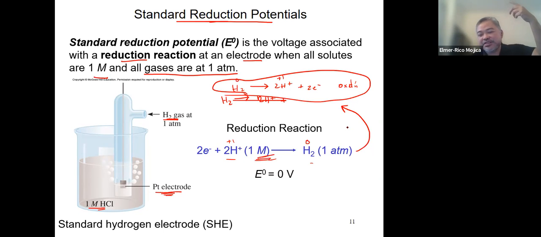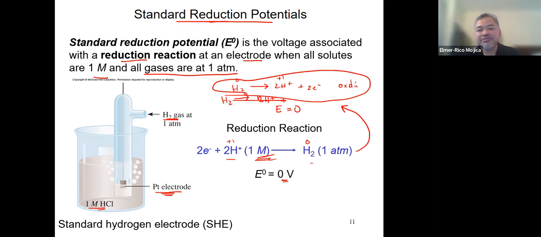Because if the reduction potential is greater than the one that you have here, then that means that material will be the one that is undergoing reduction. And the hydrogen that you have there, that's the one that undergoes oxidation. And assigning the number 0 means that whatever the reaction, whether the reduction or oxidation form, the E will always be 0. So that's the way that they look at this, what we call standard reduction potential.